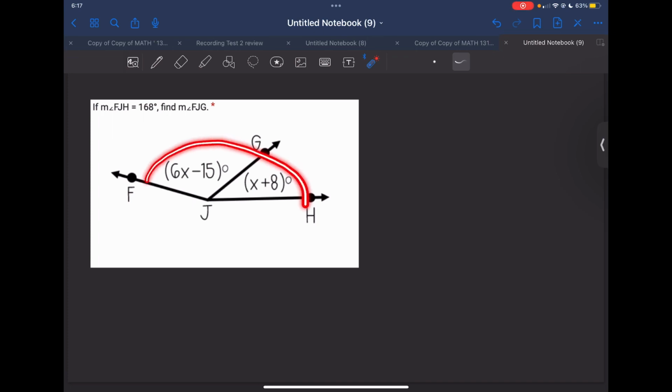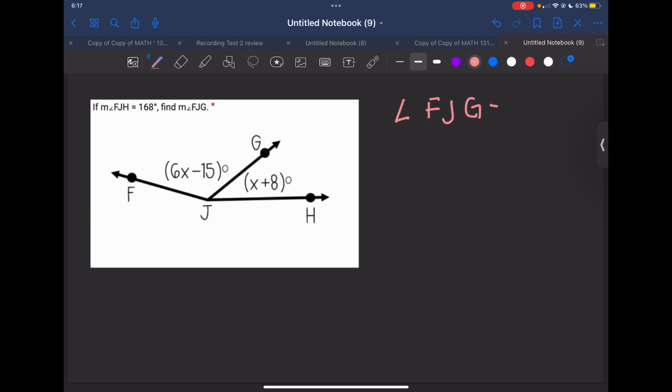All of these together added, so we're going to be adding those two values together, and they're going to equal 168. So I just like to write down what I know. Angle FJG equals 6x minus 15.